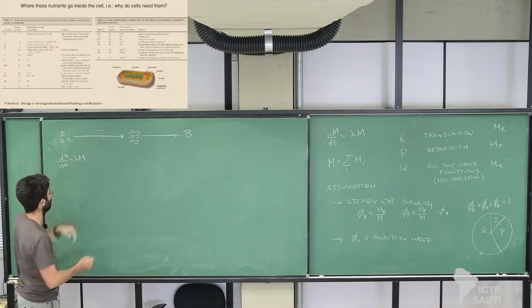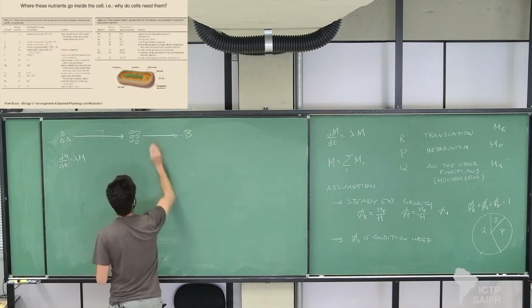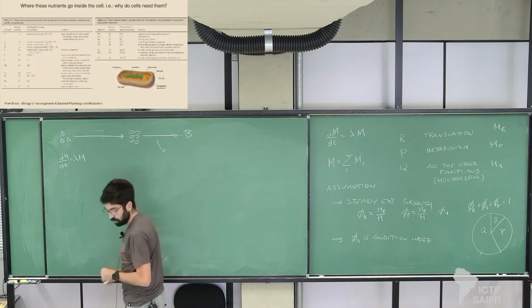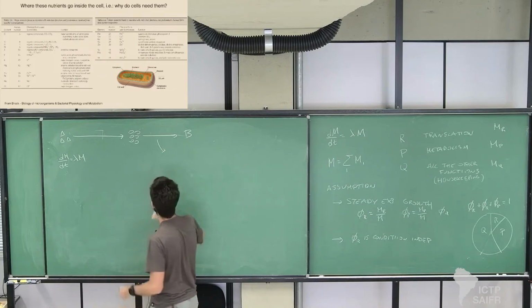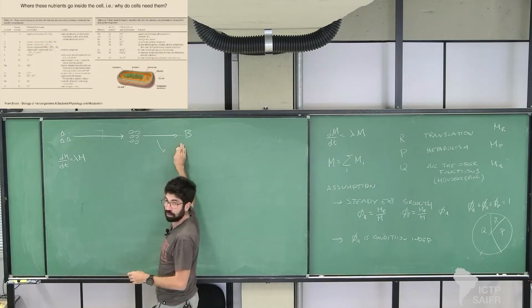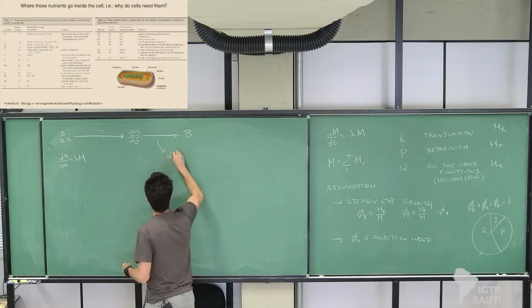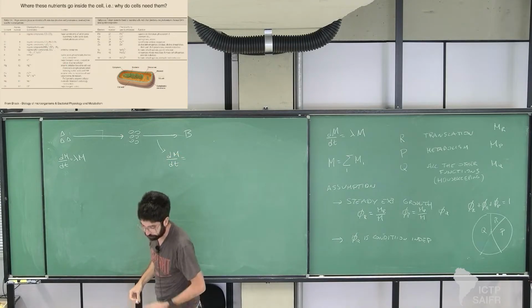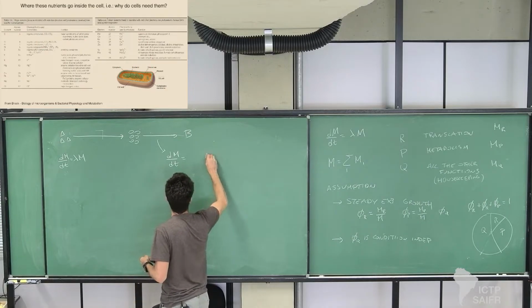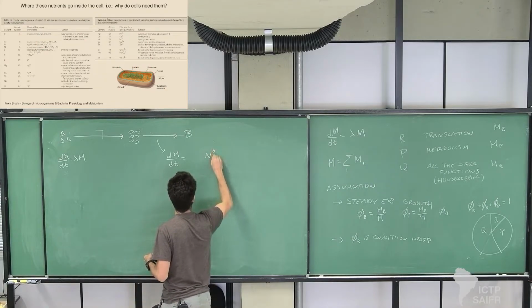This flux here, actually, let's start from this. So the flux through here, what is it? The flux of mass in this channel here is equal to how many ribosomes that are translating I have.